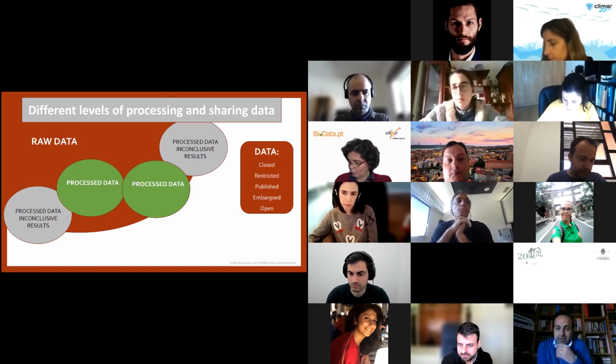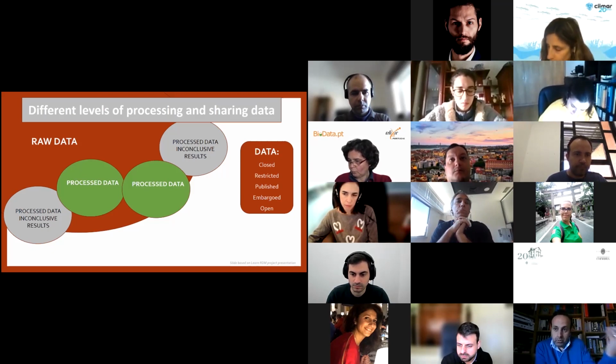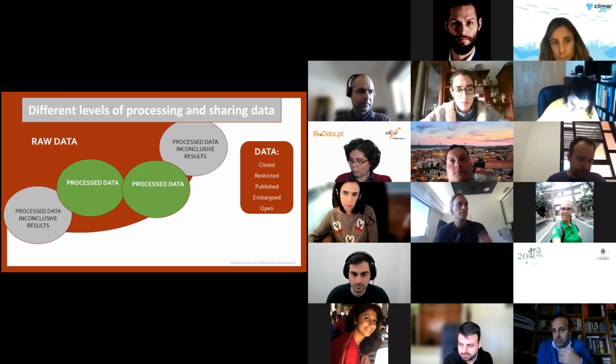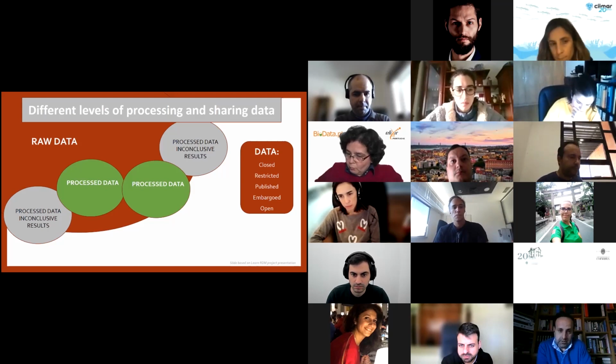So I started preparing this graphic that I hope is also important for you to clarify what we are talking about. And I think this is important when we provide support to researchers. So we have the raw data, and in the raw data, we have processed data. And in fact, in some of the analyzed or processed data, there are inconclusive results.